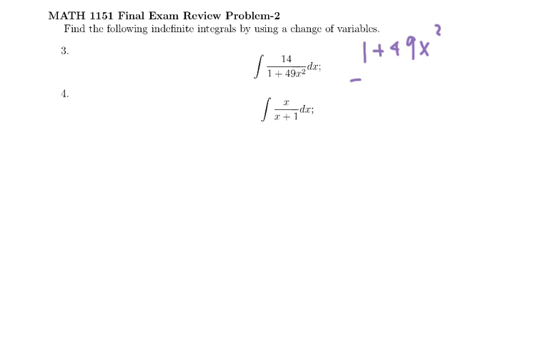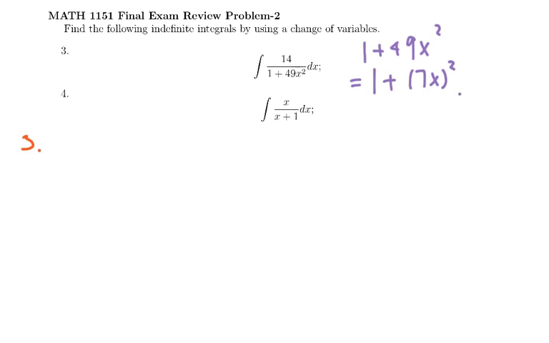You know that 49 is 7 squared, so we can rewrite this as 1 plus (7x) squared. At this point you may feel it is something about the antiderivative of 1 over 1 plus x squared. Well, it is, but with a coefficient.